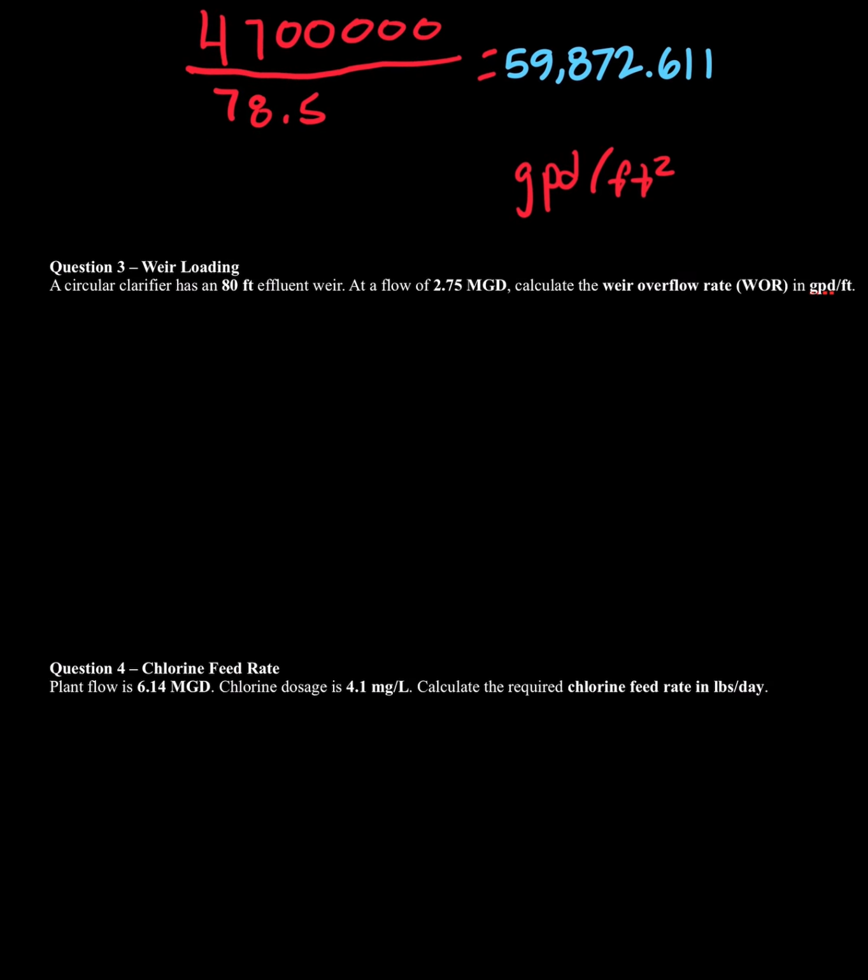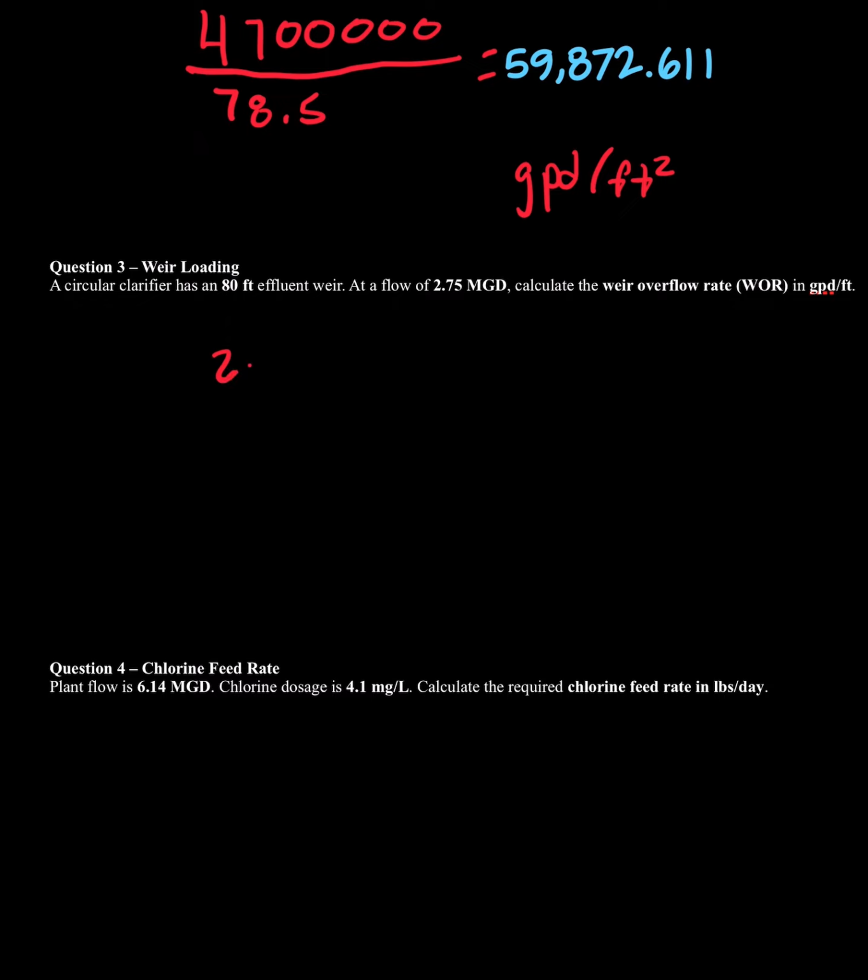All right, next. It says a circular clarifier has an effluent weir that is 80 feet at a flow of 2.75 mgd. Calculate the weir overflow rate in gallons per day per foot.